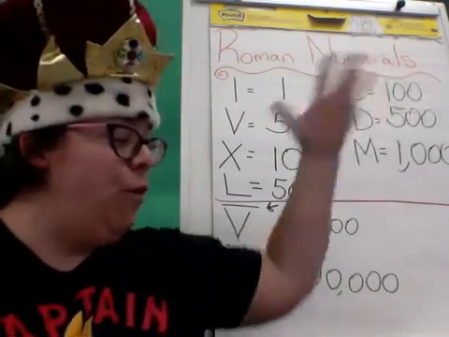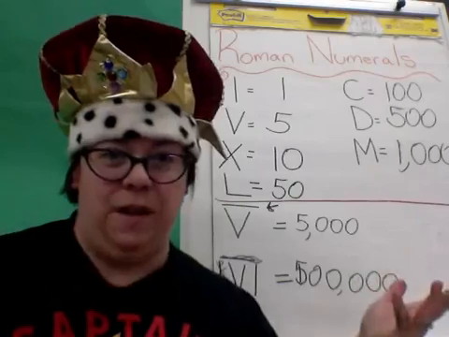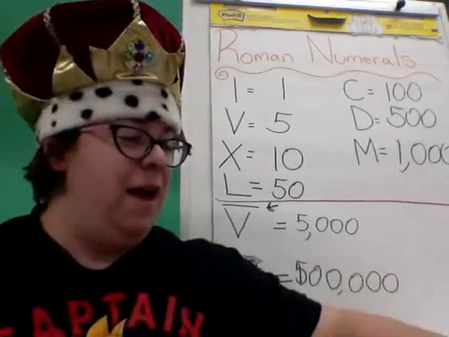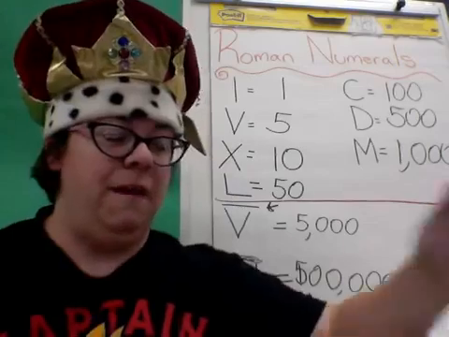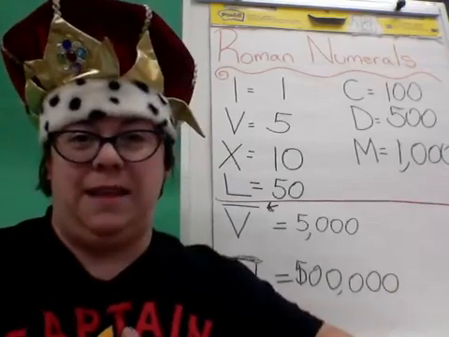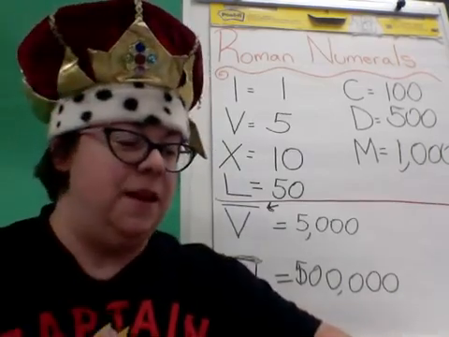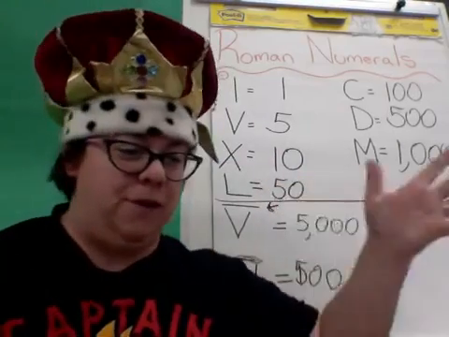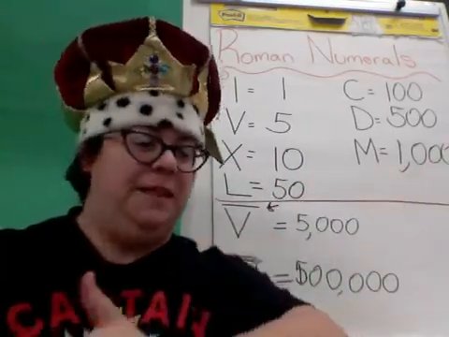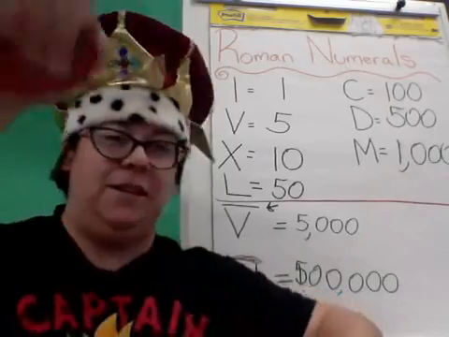Now, Roman numerals, why do you need to know? Well, they're kind of everywhere still nowadays. They're on buildings. They're used at the end of movies to give dates. They're in titles and book chapters. They represent our Super Bowl. They're mentioned at the Olympics. They're on watches and clocks.